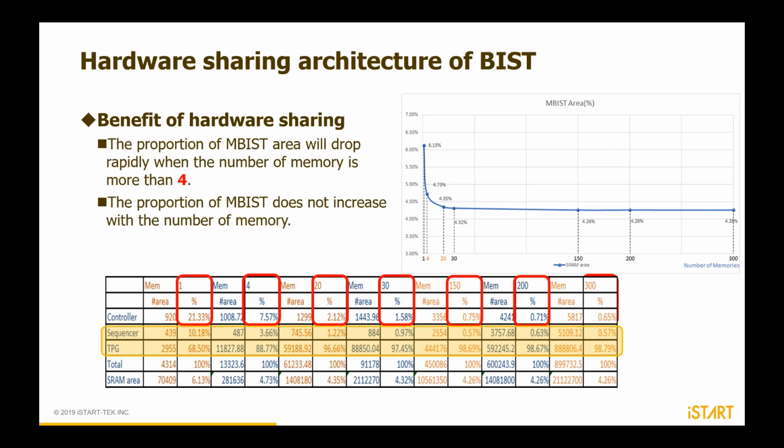From these statistics, we can see that if the memory instances exceed 4, the BIST area rate will rapidly go down to 7.5%. If the memories exceed 20, the proportion will go down to around 2%.